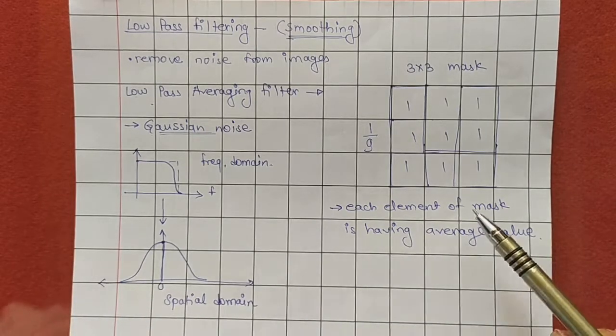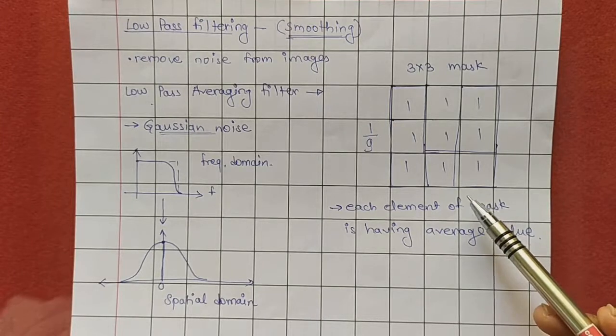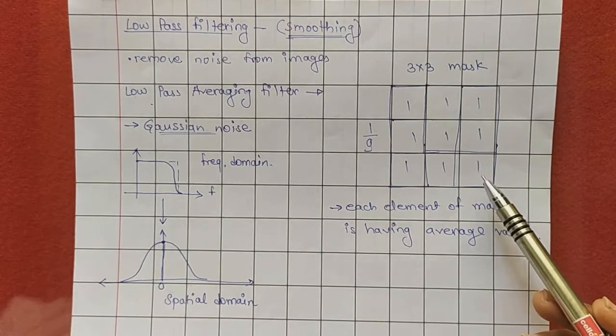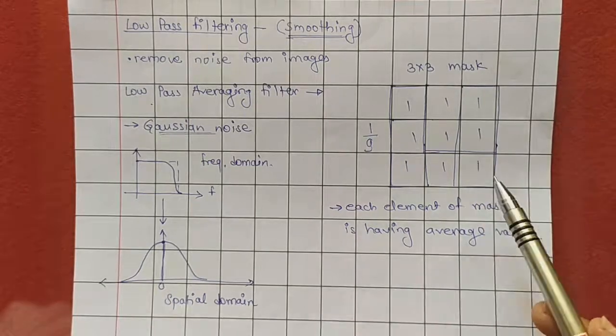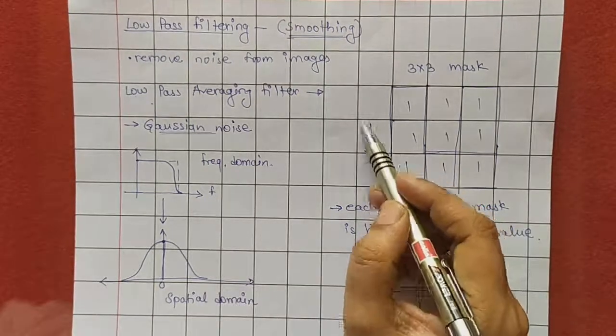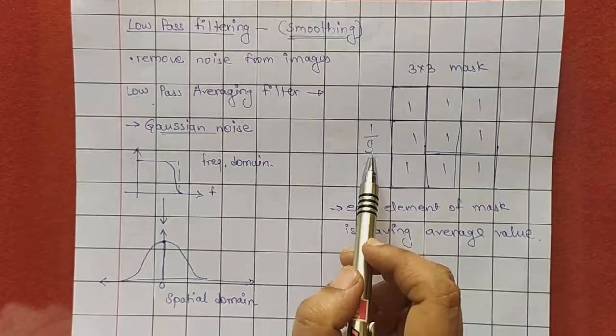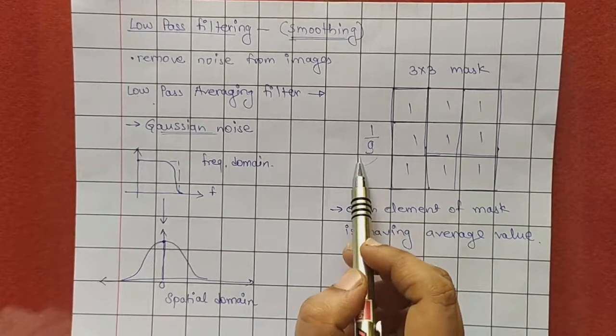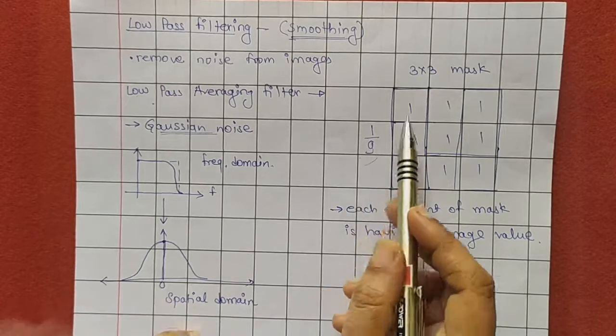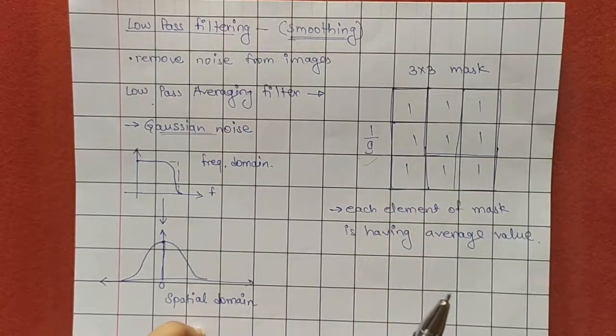We can also use a 5 by 5 mask or 7 by 7 mask, and based on the size of the mask this value will vary. For a 5 by 5 mask this value will become 1 by 25 and all other coefficients will be 1.